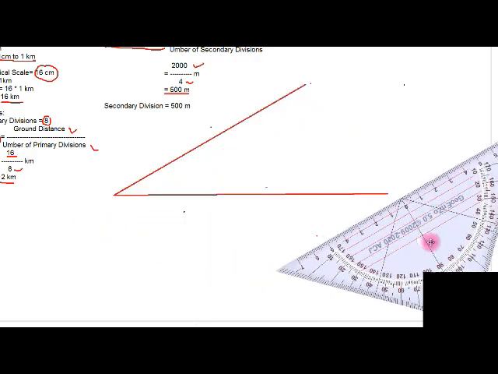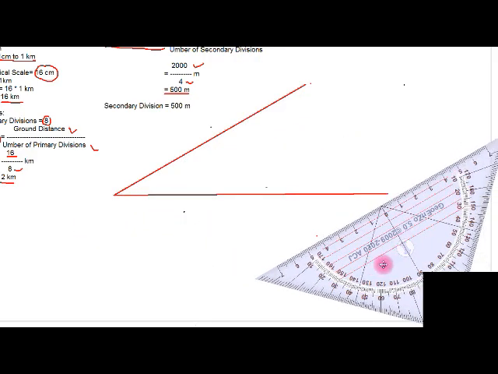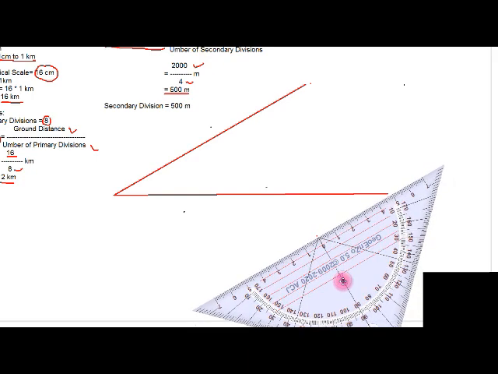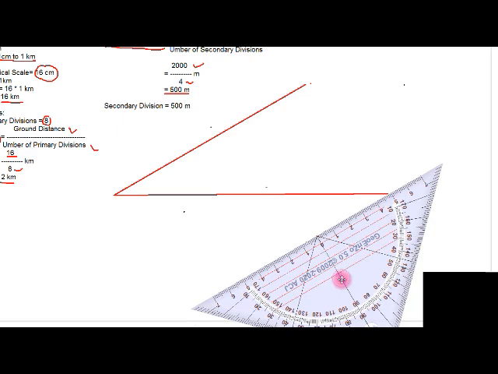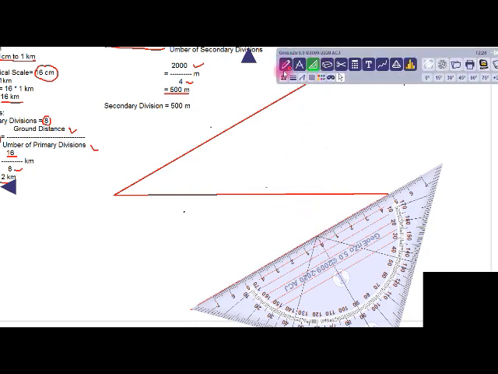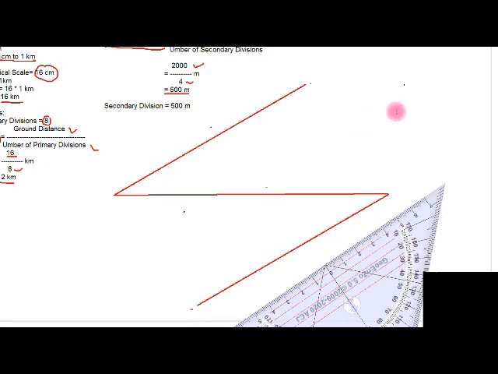That line will help us divide this graphical scale into equal divisions. This is a geometrical exercise to divide a given line or length into equal divisions.